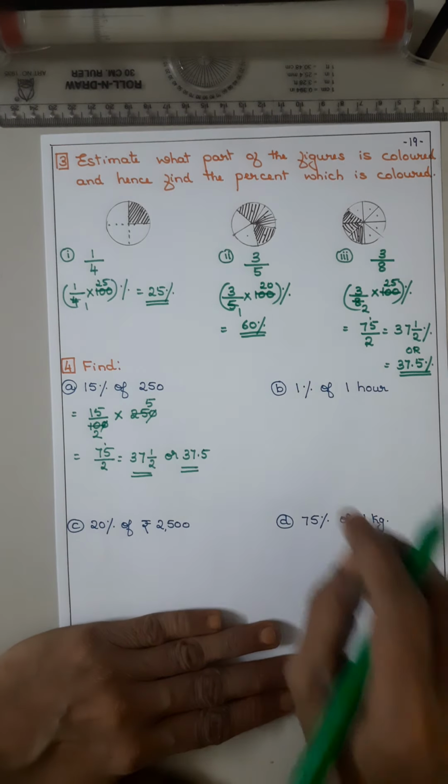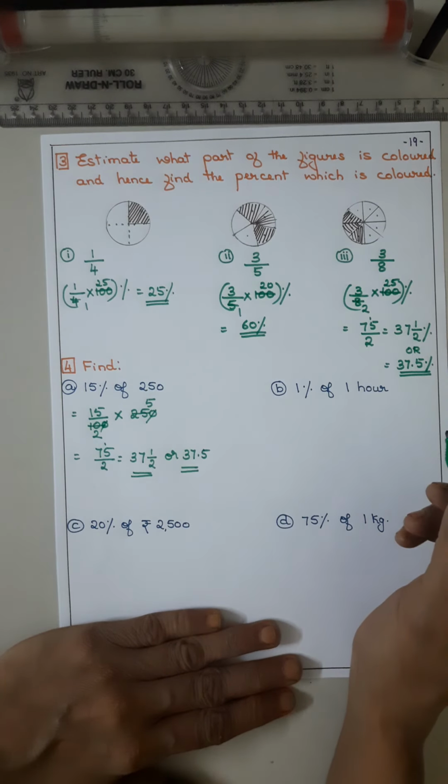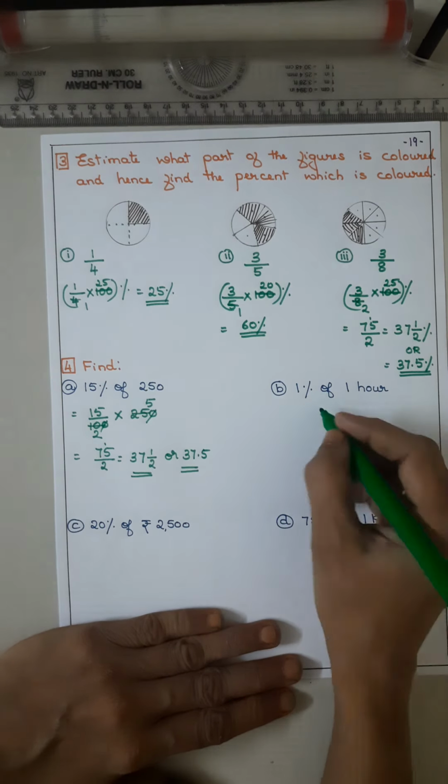Okay. Now coming to the second part B, it is 1% of 1 hour. You can't take the 1% of 1 hour directly. So for that, convert hour into minutes. So it will be 60 minutes. 1 hour is equal to 60 minutes.